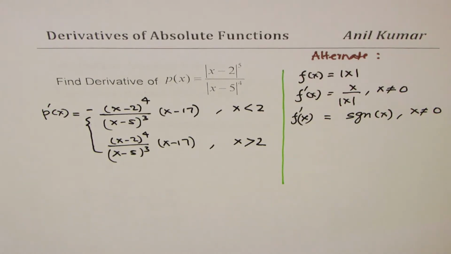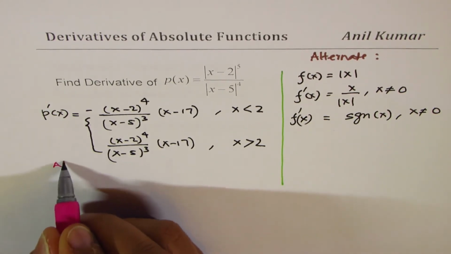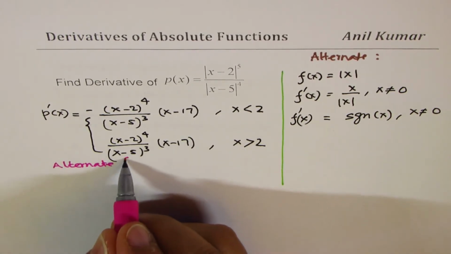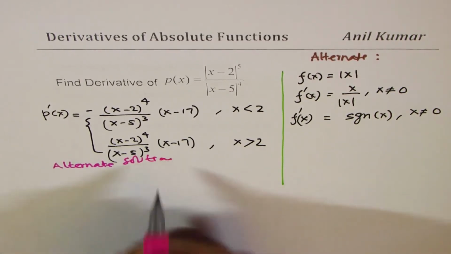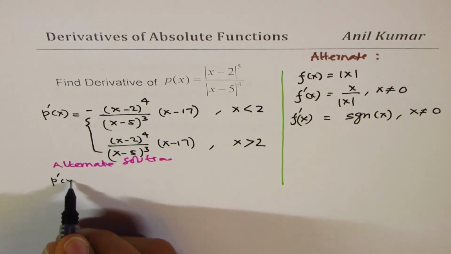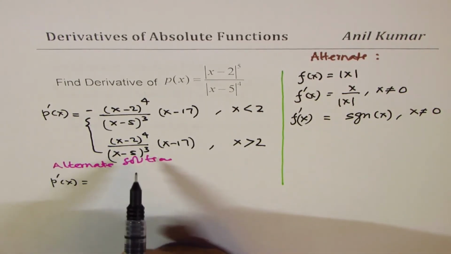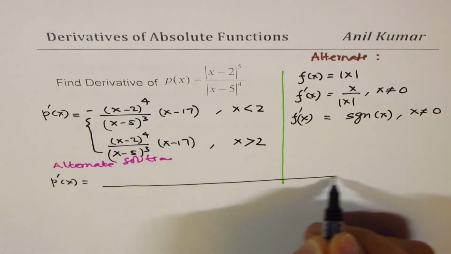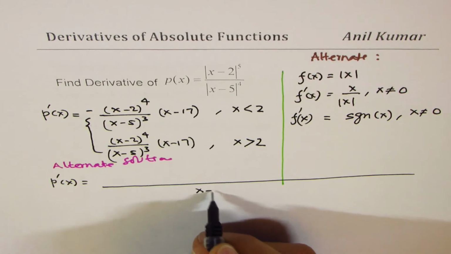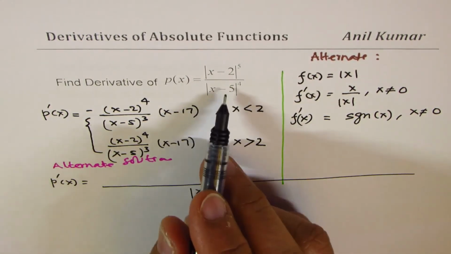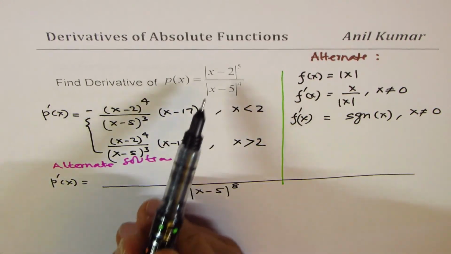So let me write down the alternate solution in terms of the signum function. So we could write p dash x as equal to, so the denominator here is the absolute value of x minus 5 to the power of 8, right? We are using the quotient rule.